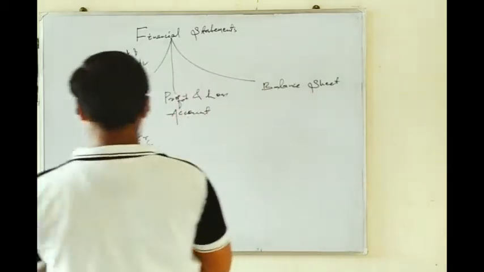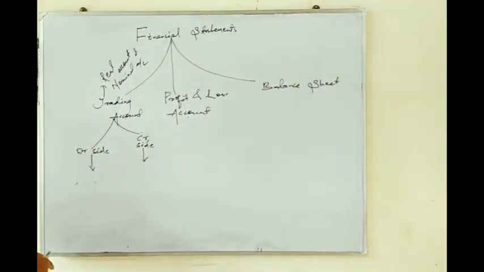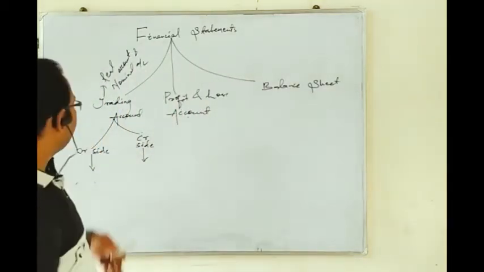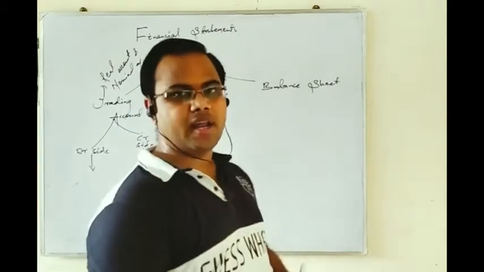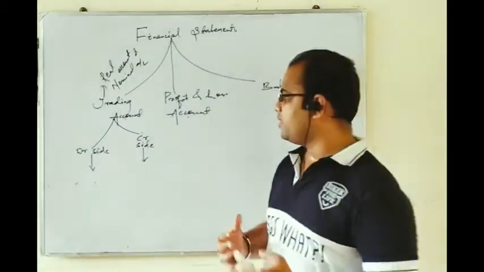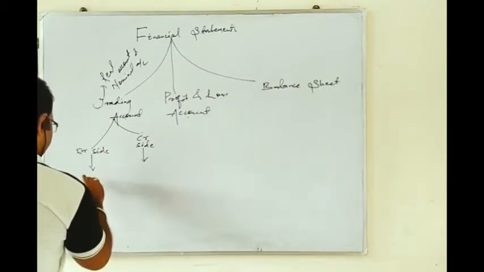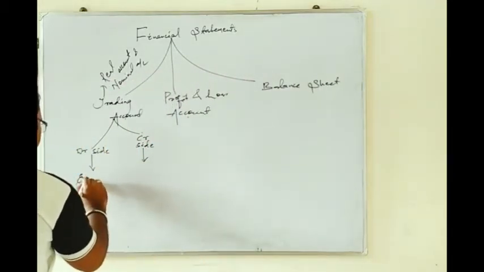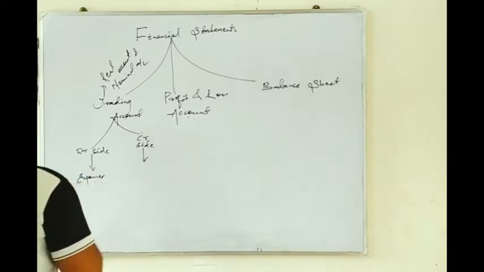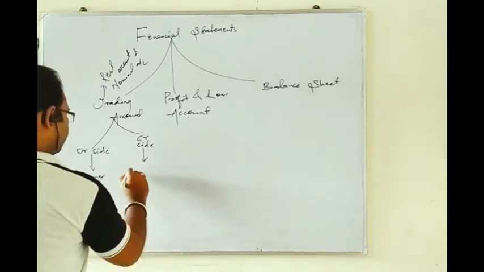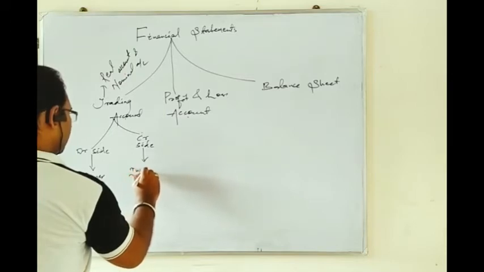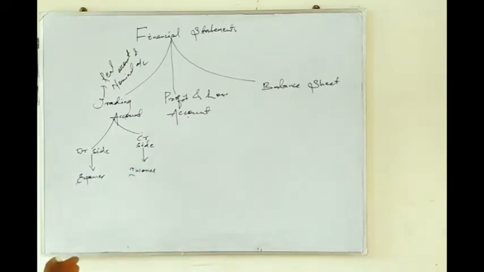So since it is a real account, on the debit side we should write what we receive, and also being considered a nominal account, we should write the expenses on the debit side. Okay, watch carefully. On the debit side of trading account, we should write the expenses, and on the credit side of trading account, we should write the incomes of a business enterprise.